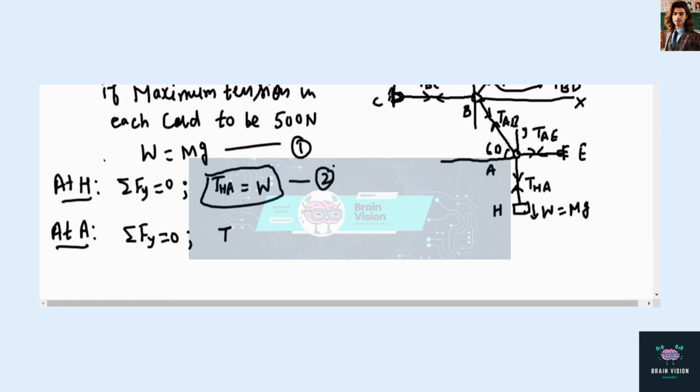So it will be TAB sine of 60 minus this is tension in HA vertically downward. No other force is acting at A in Y direction, so that must be zero. So from here, tension in AB you will get root 3 by 2 minus W is equal to 0.